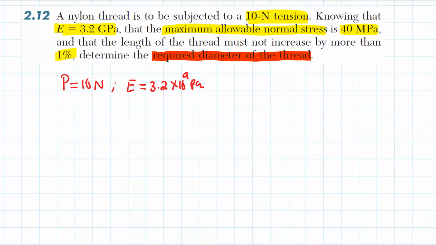The maximum allowable normal stress, sigma max, is 40 times 10 to the power 6 Pascal. And the length of the thread must not increase by more than 1%. So your deformation should not increase more than 1%.